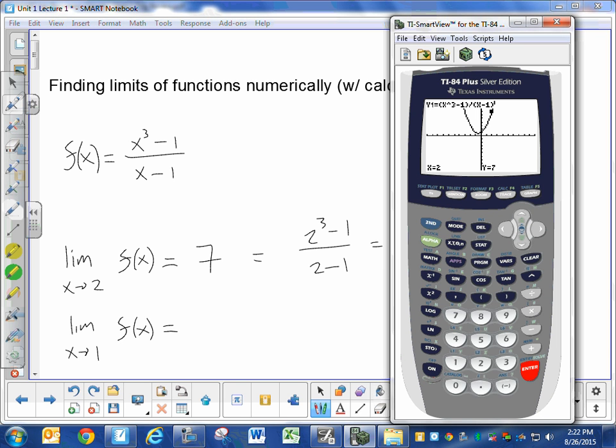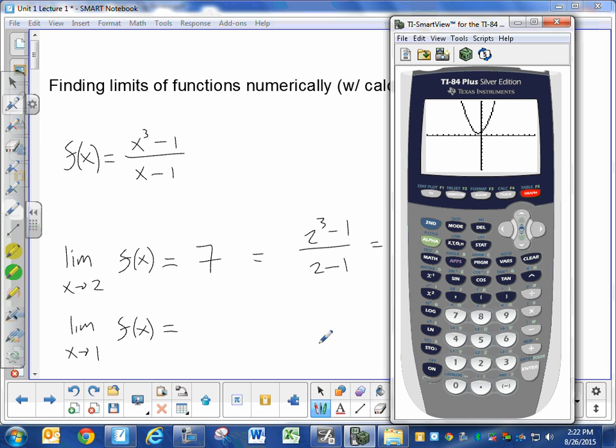Now what about for when x is 1? Let's go back into our table. I see when x is 1, we have an error. Well, that's interesting. Why is that? Because it's undefined.